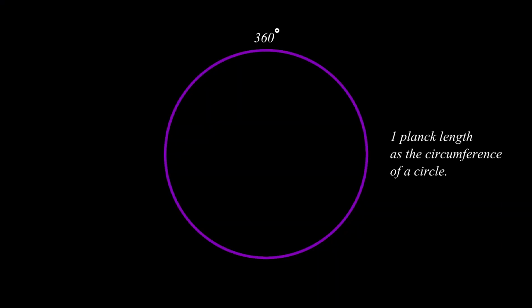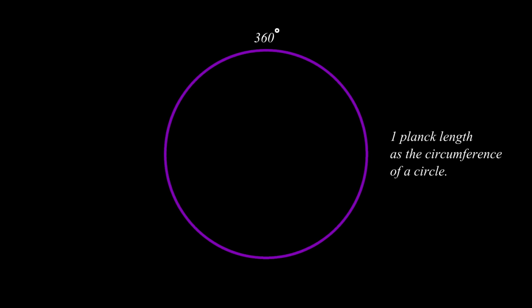Moving to the next slide, we're going to talk about octaves of angle. So we covered octaves of length. Now we'll cover octaves of angle. The Planck length is 360 degrees in length equivalence. So Planck length being wrapped around the circumference of a circle gives an angle of 360 degrees.